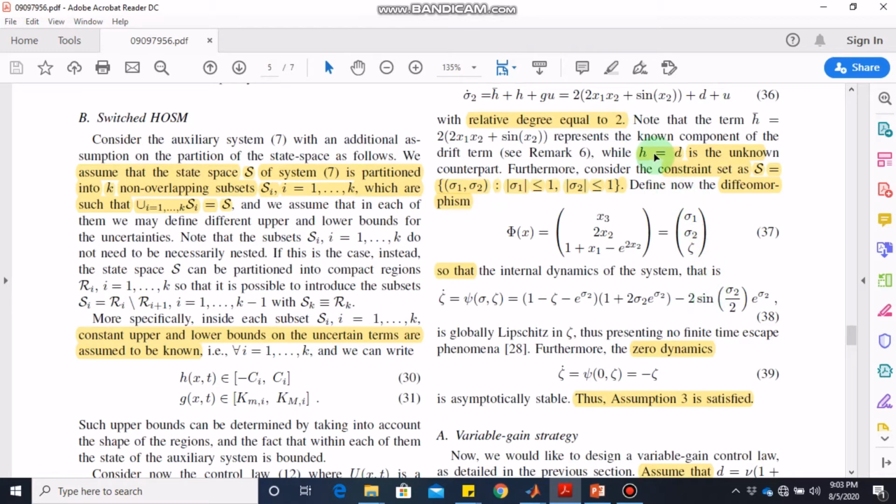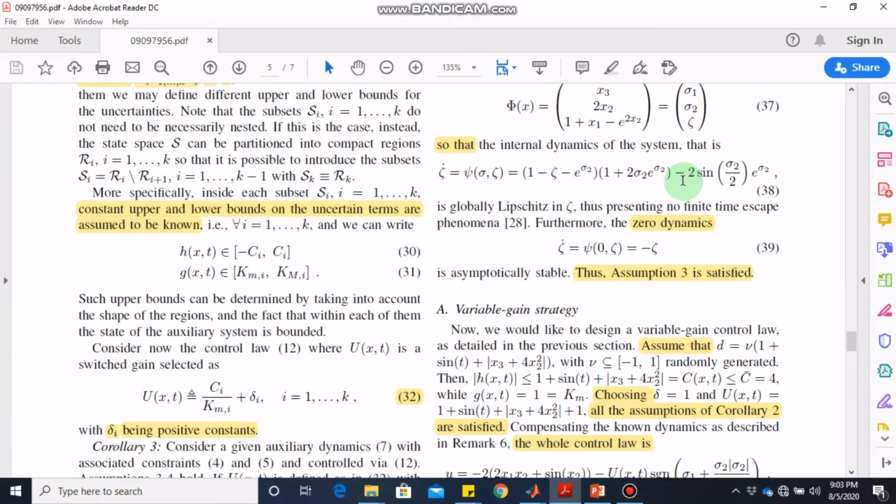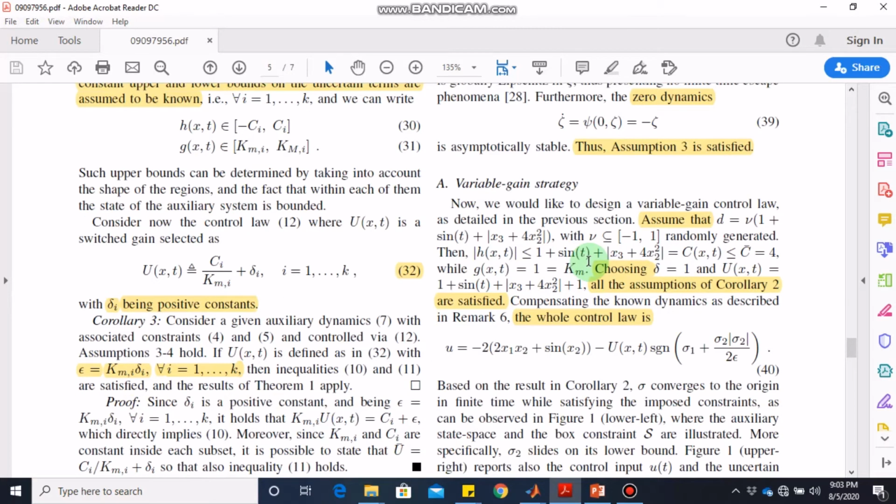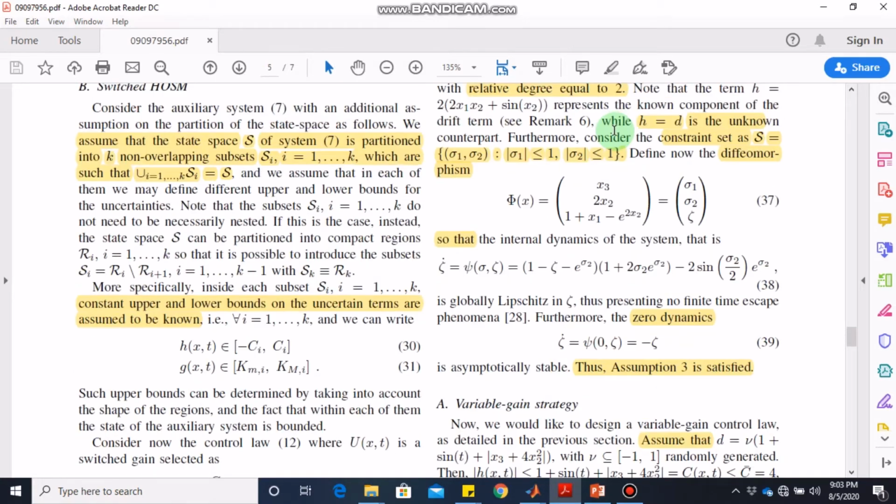Lower bound is also 1 for g, and h is equal to d, and once we specify d, we'll also be able to find the upper bound of h. So assumption 2 will be satisfied, and assumption 3 is about the internal dynamics, so it is also satisfied. Assumption 4 will be trivially satisfied when we select the capital U from the equations proposed in the paper. So this was the example so far where they have verified the assumptions.